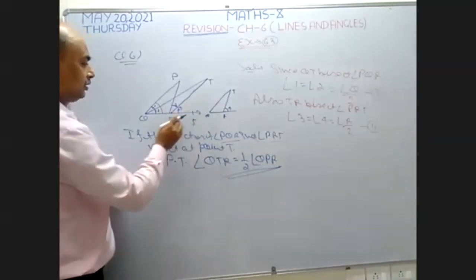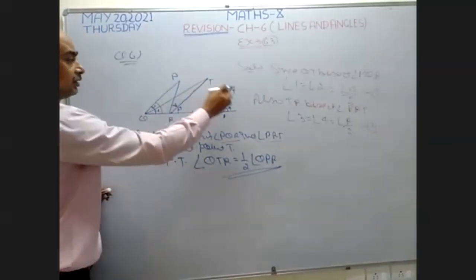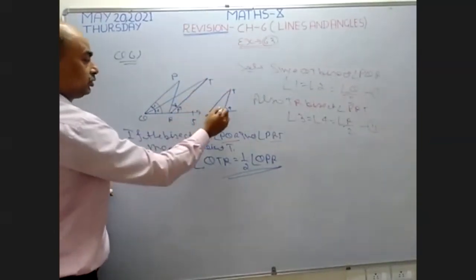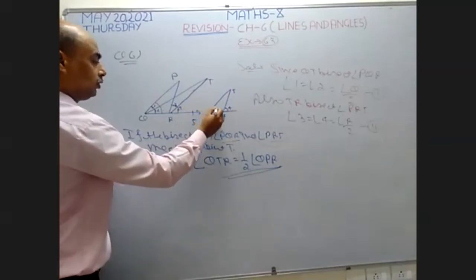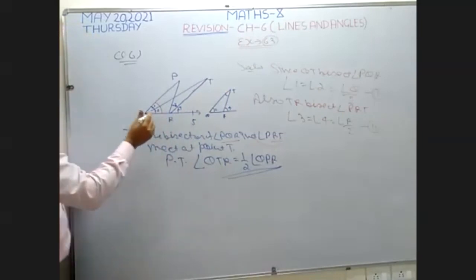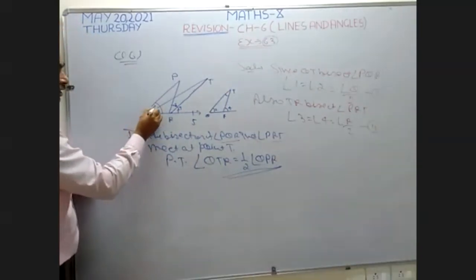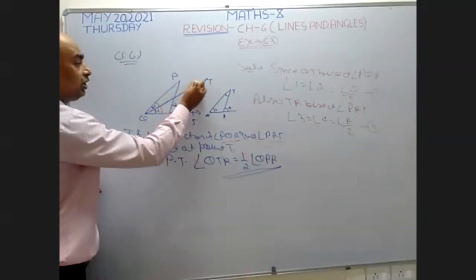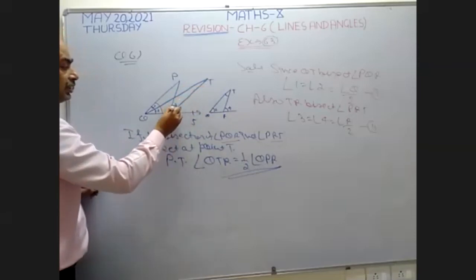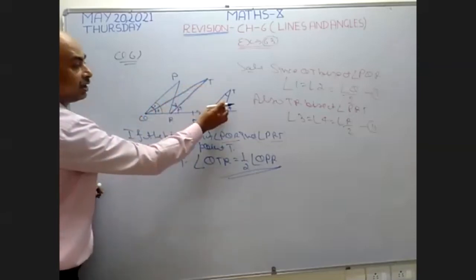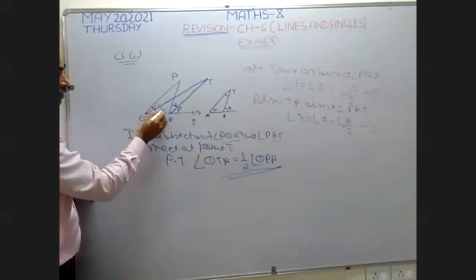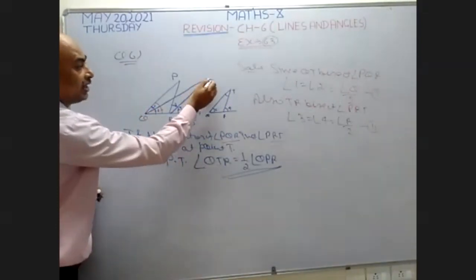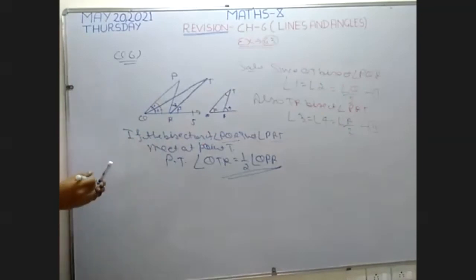Here this is angle R, and this is angle 4, angle 2. I write 4 here, 2 here, and T here.